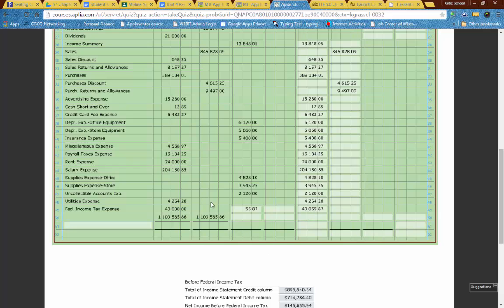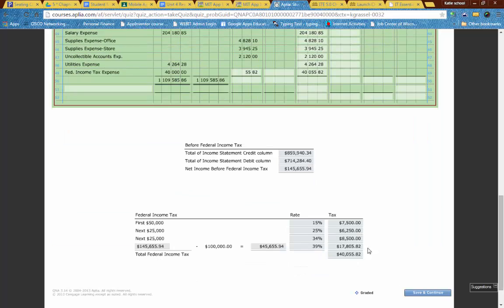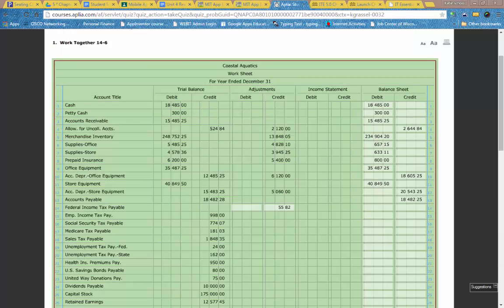After you got your 5582, which is the difference between the number that we calculated here and what they put on their estimated taxes, you need to go through and add up your totals for your adjustments, debits, and credits, to equal on your adjustment column total.